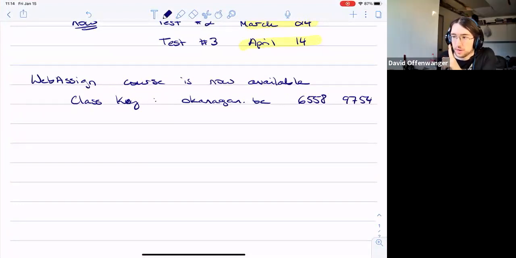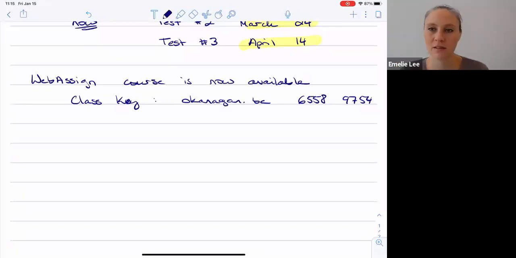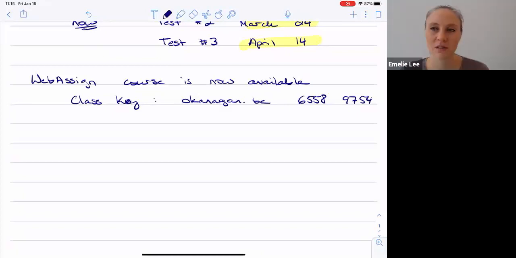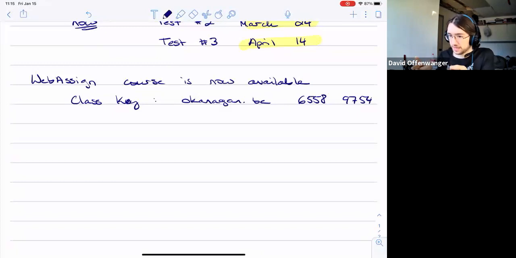Just to quickly point out, if you try for the Webassign stuff, if you already have an account, once you get registered, or if you're logged in and have entered the class key, it will boot you back to the initial My Account screen, and it won't initially show the class. You have to log out and log back in before it will update and show you the classes right there.